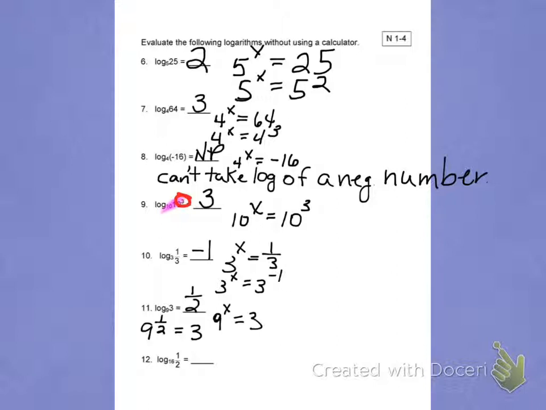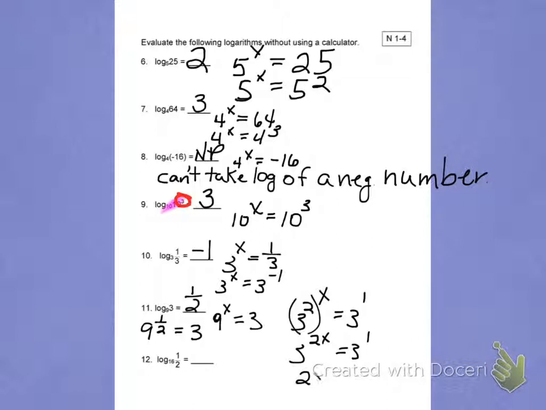Now another way you could solve that might make more sense. Let's do it this way. 9 is 3 squared to the x power equals 3 to the first. Okay, so that's 3 to the 2x equals 3 to the first.